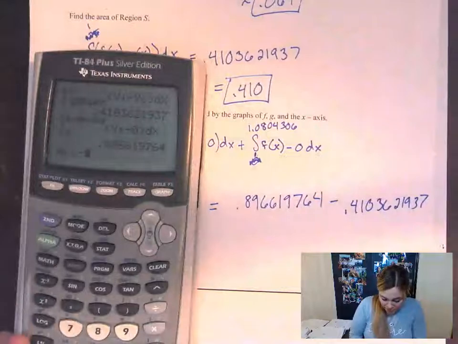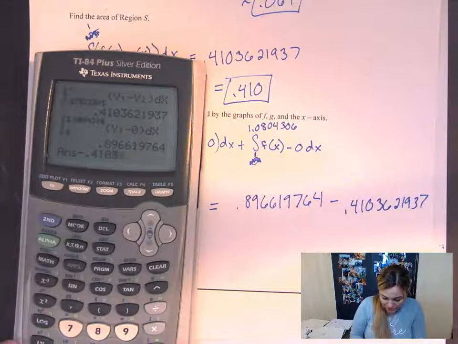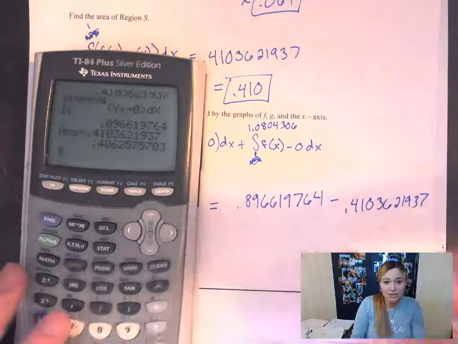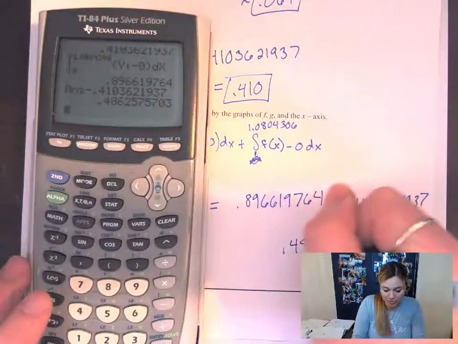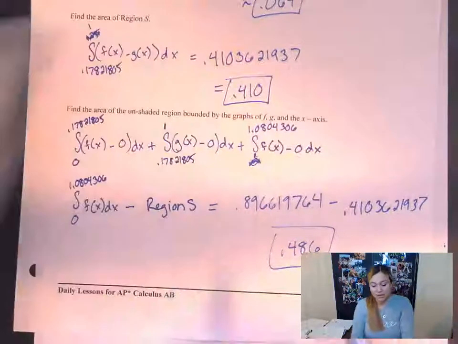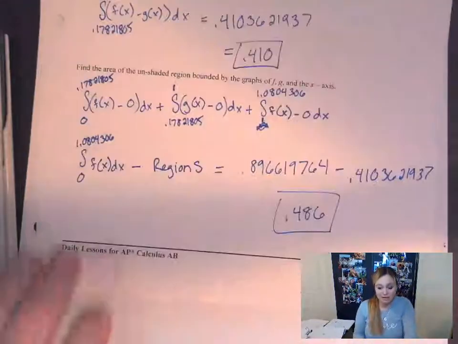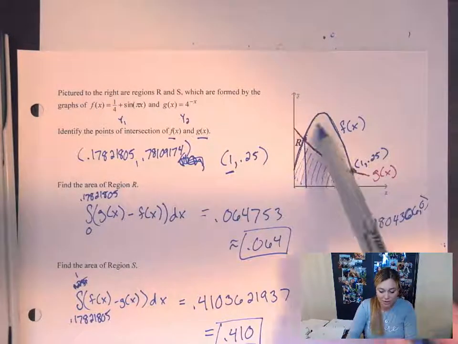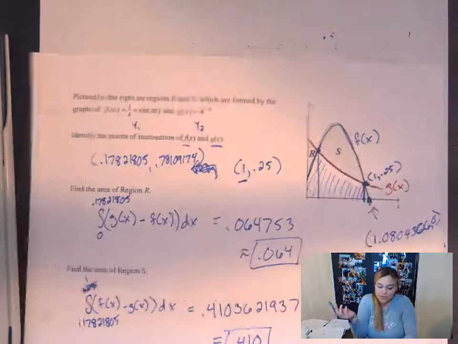So if I subtract them, 0.410362937. My final answer is, and this can be 3 places after the decimal because this is my final answer, 0.486. So you could do it this really long way, or you could just say, well, I know this entire region would just be f of x minus 0, and then subtract the region S. Either way is fine by me, but it takes a little work.